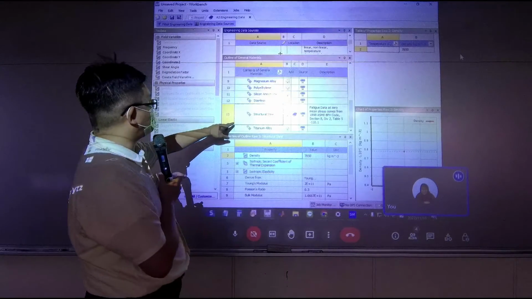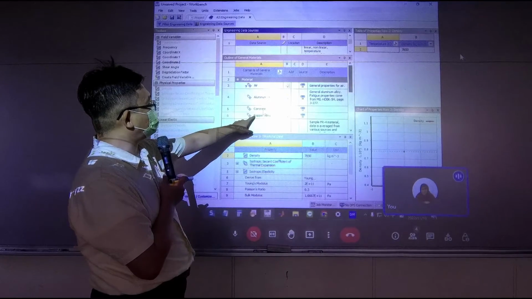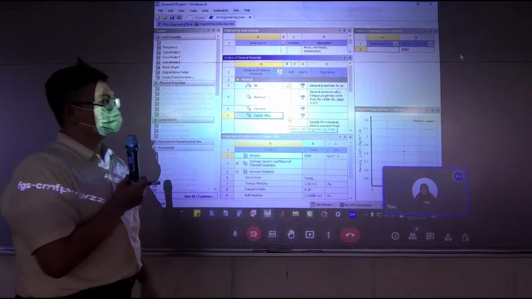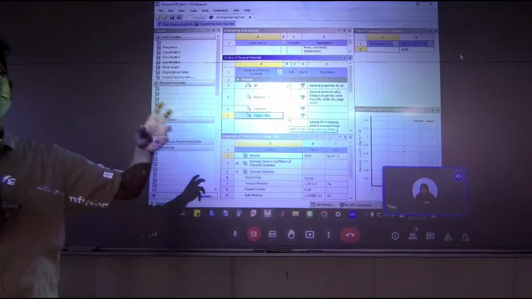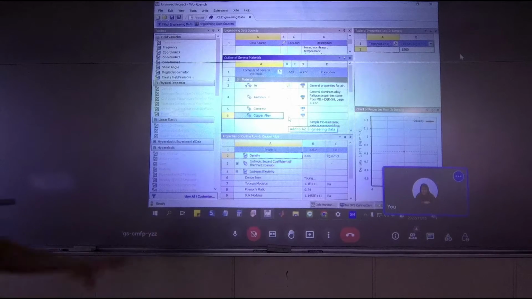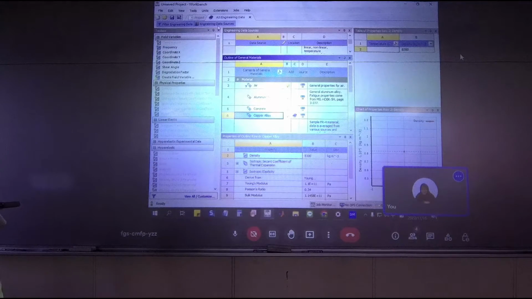And you scroll up, you should find copper. Copper alloy. Okay, let's use copper alloy. So from ANSYS, you can already see a lot of known materials inside ANSYS. Okay, let's try copper alloy. Okay?